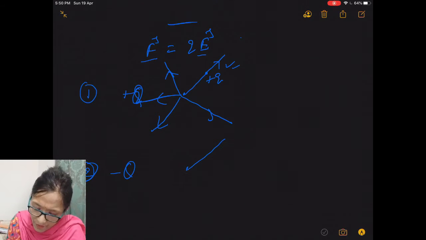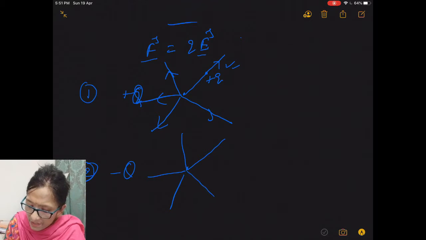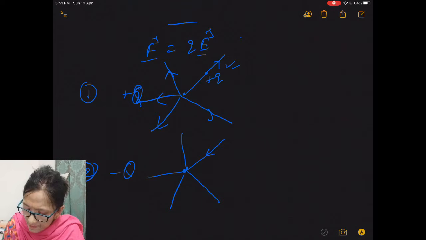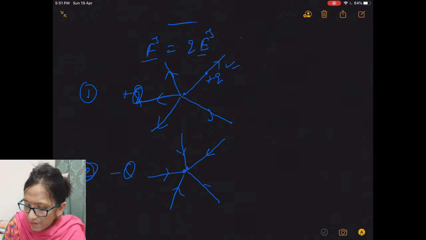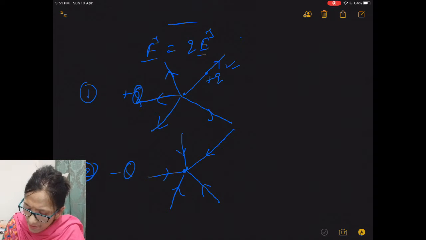Now for a negative charge, we have learned from before that electric field lines are radially inward. What does this mean?